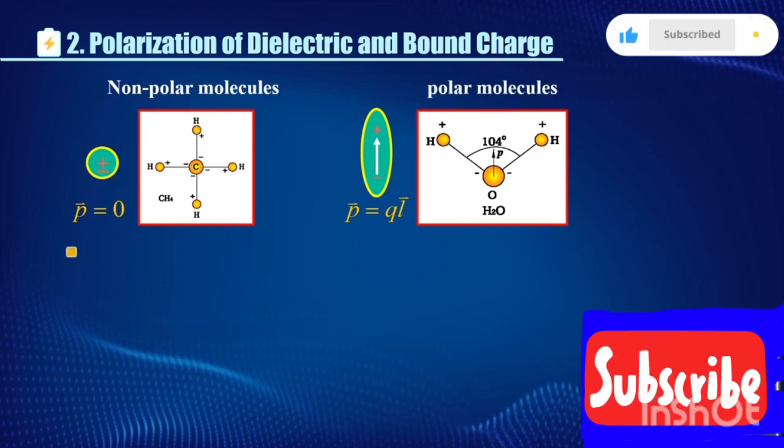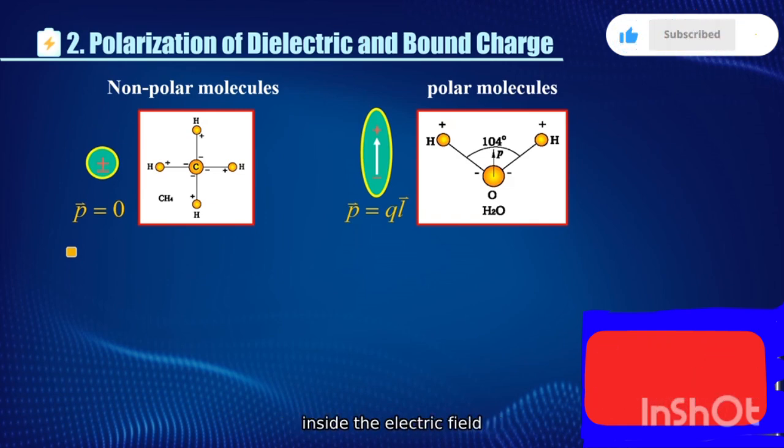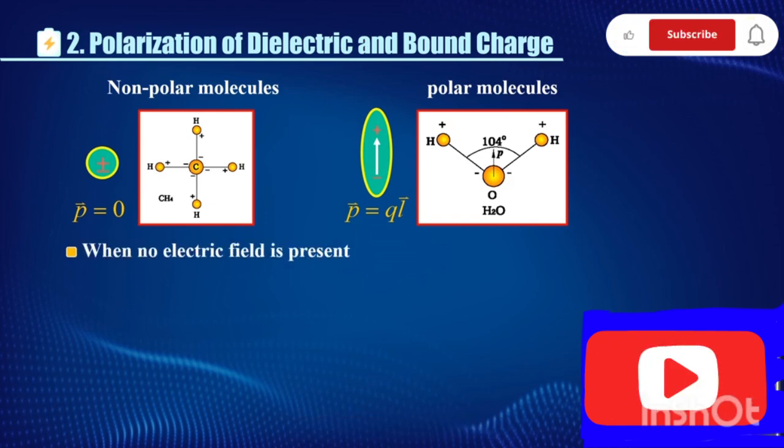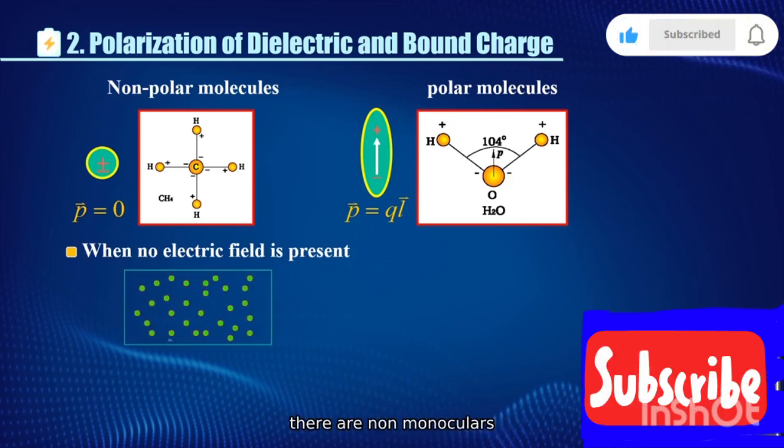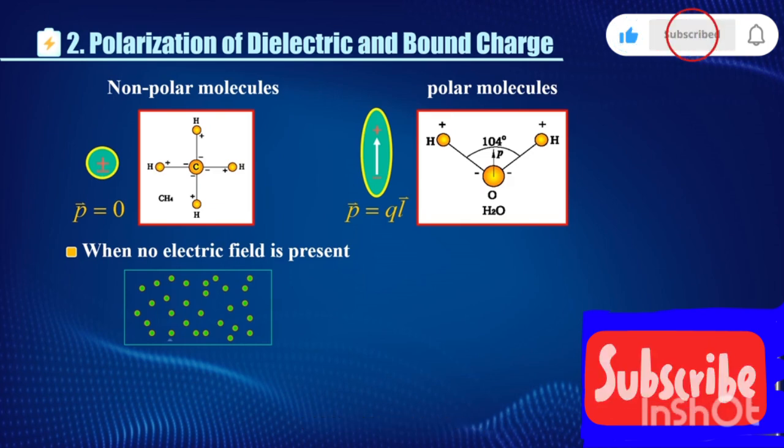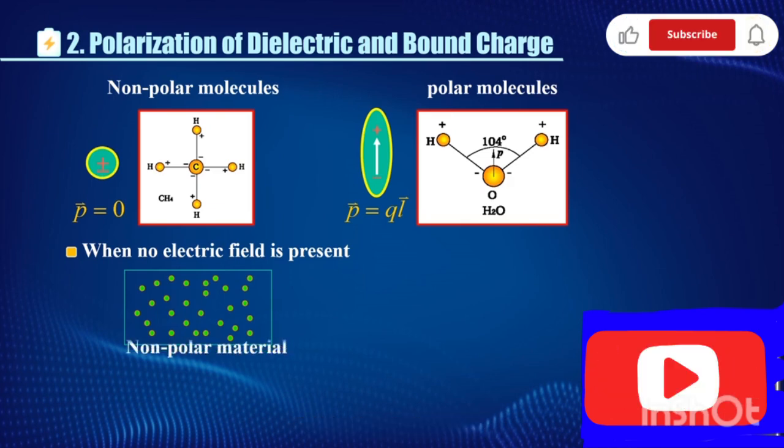Then, if we put those two kinds of materials inside an electric field, you will find that when no electric field is present, the non-polar molecules have no net electric dipole moment.